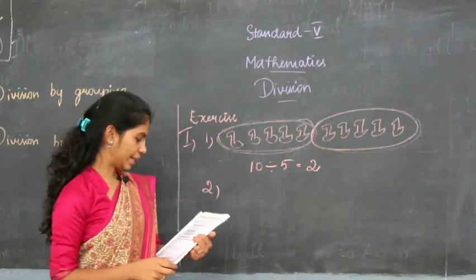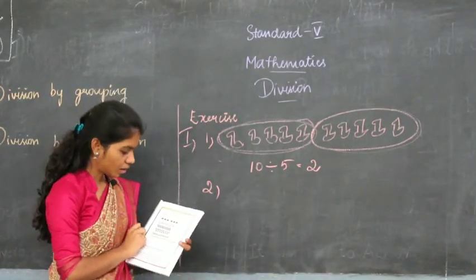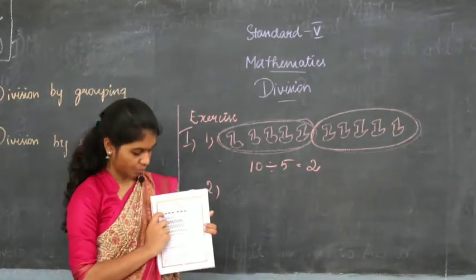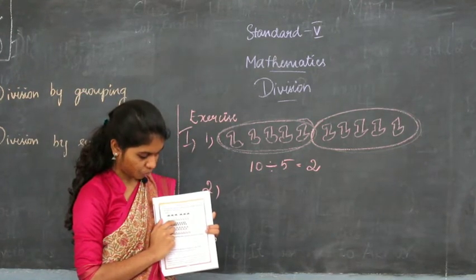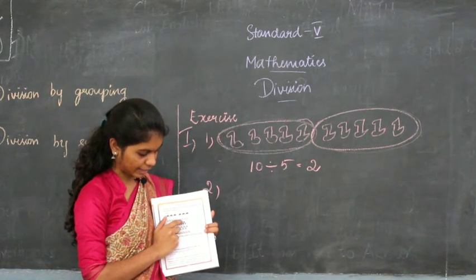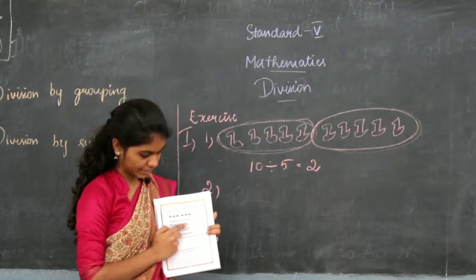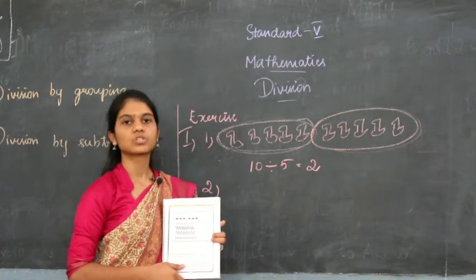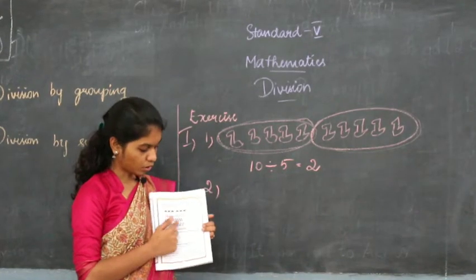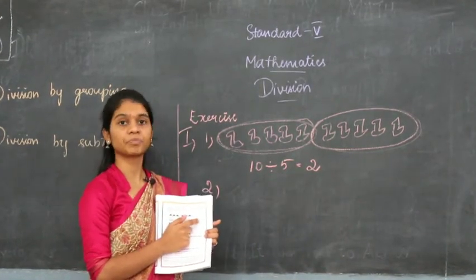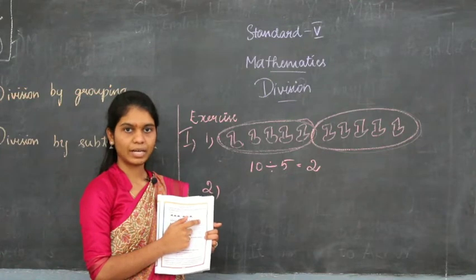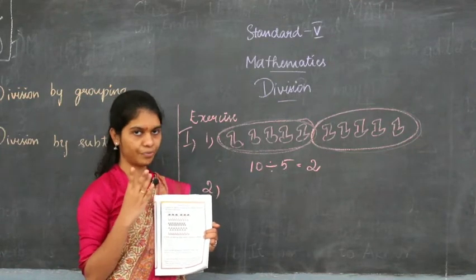Now the second one. How many flowers are there? 1, 2, 3, 4, 5, 6, 7, 8, 9, 10, 11, 12, 13, 14, 15, 16, 17, 18, 19, 20. So there are 20 flowers. You have to split them into groups so that one group contains 4 flowers.